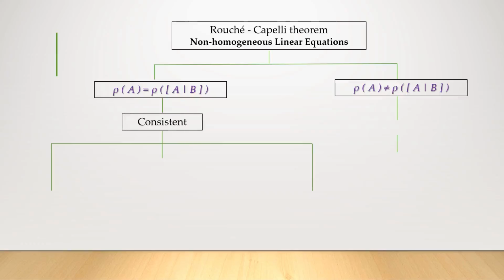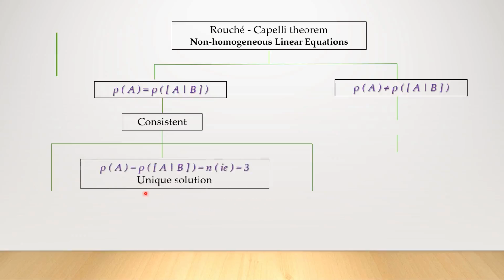If it is equal, then we can say it is consistent. If it is consistent, there are three possible solutions. The first one is a unique solution. That unique solution occurs if the rank of A and the rank of [A, B] are equal to 3.